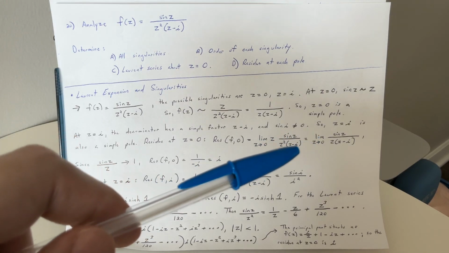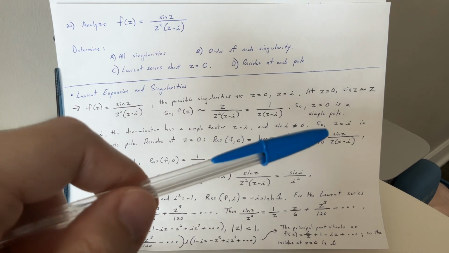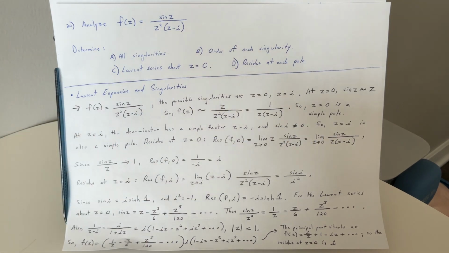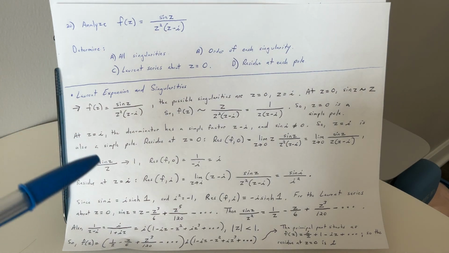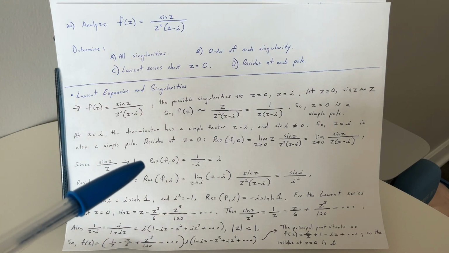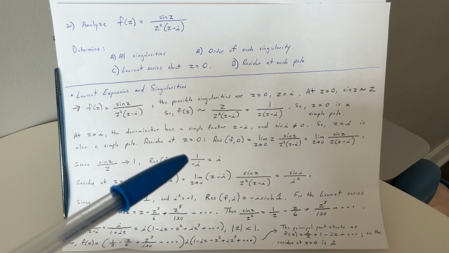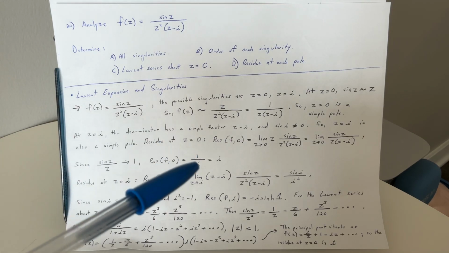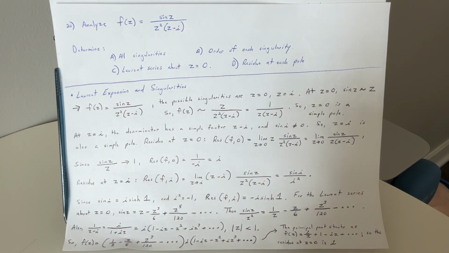So the limit as Z approaches 0 of sine Z over Z times the quantity (Z minus I). And since sine Z over Z approaches 1, the residue of F at 0 is 1 over negative I. Simplifying that, it becomes I.